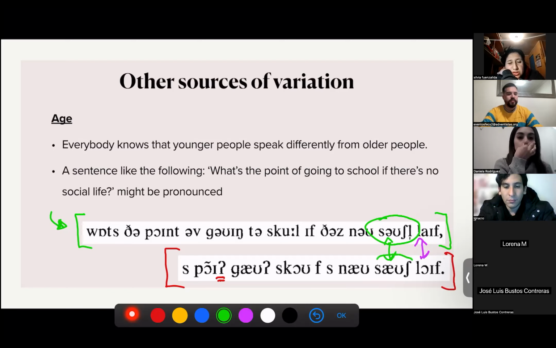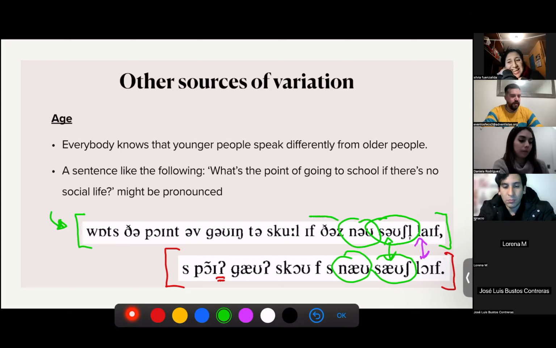However, here we say social, social life. This one would be no, that's really very posh, like no. This one would be no, no, no.